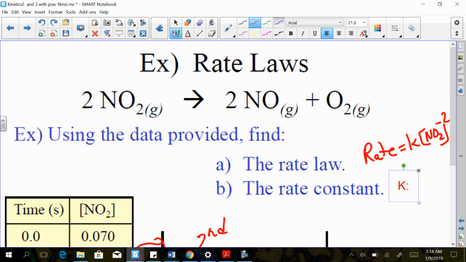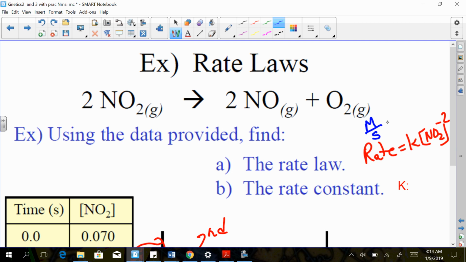If you go back to this equation, I know rate is always molarity per second. I need this side to equal that side. I know this squared is going to give me units of molarity squared. So now I need to do my rate for K. What is K? I don't know.